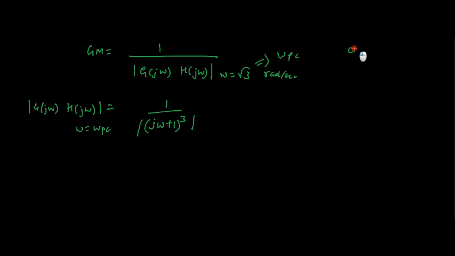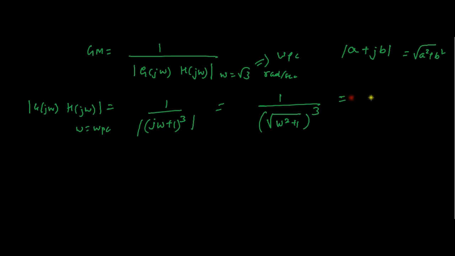For any complex term, say a plus jb, the magnitude will be equal to root of a square plus b square. Similarly, the magnitude of j omega plus 1 can be expressed as root of omega square plus 1 square. 1 square is 1, so we can write it as (omega square plus 1) whole cube under the root.